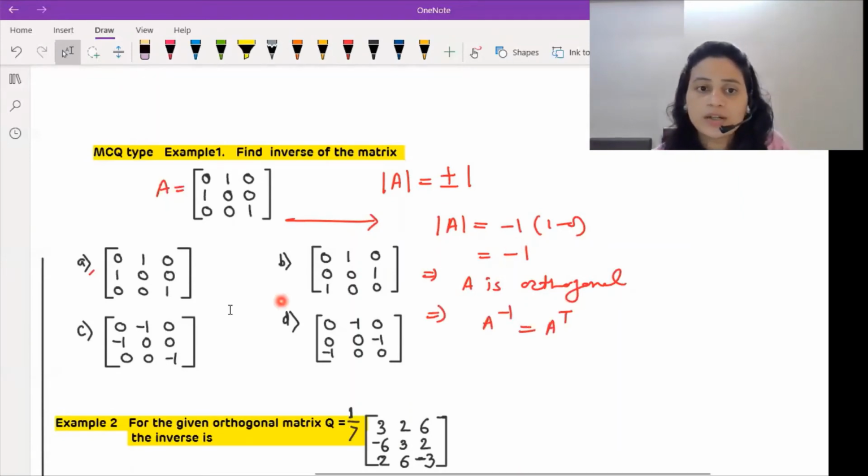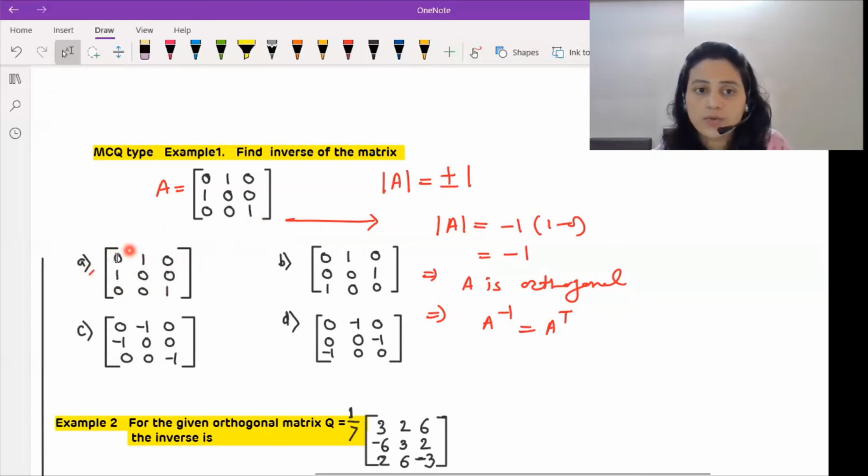So we just have to check the transpose of the given matrix A. What is transpose? Interchanging rows and columns. My first row becomes my first column, so 0 1 0. In option A, the first column is 0 1 0, the second row 1 0 0 becomes the second column, and 0 0 1, my third row, becomes my third column.